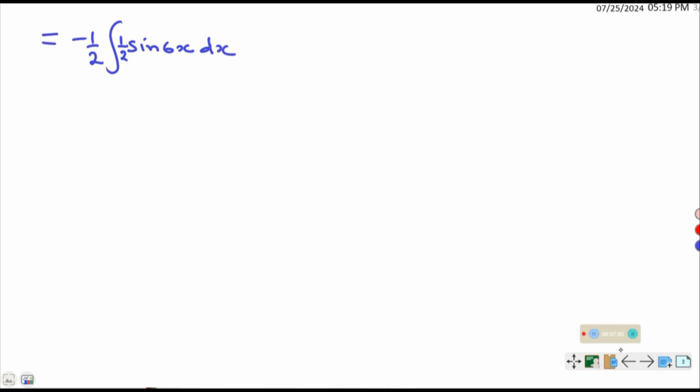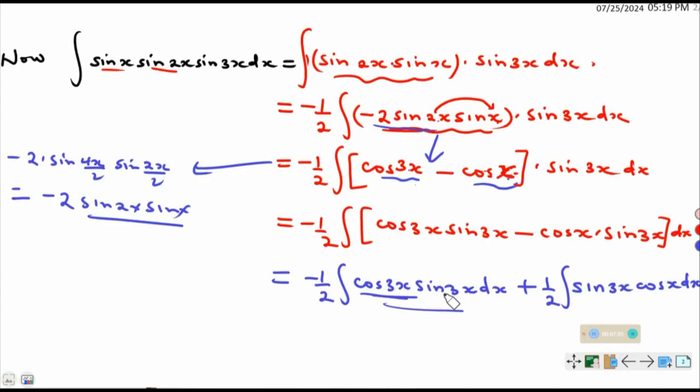So why do we say that? You realize from here, we have cos of 3x sine of 3x. But what is this one equivalent to?